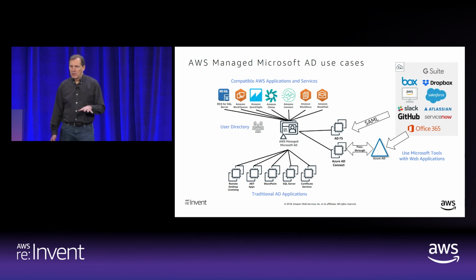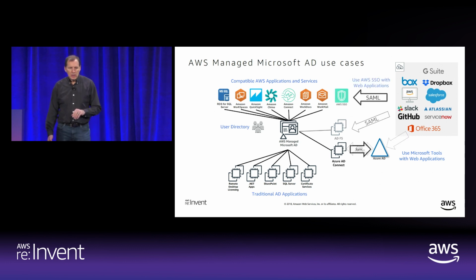But as an alternative, and probably a little simpler to do, you can install the AWS single sign-on service that provides a SAML IdP for you to use in the cloud with these other applications without having to set up SAML infrastructure. What AWS SSO does is it will use managed AD directly for those users, and you don't have to set up that SAML infrastructure.